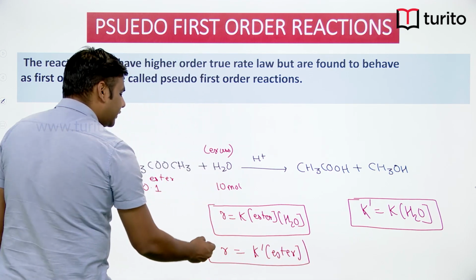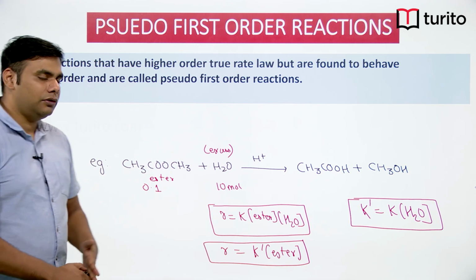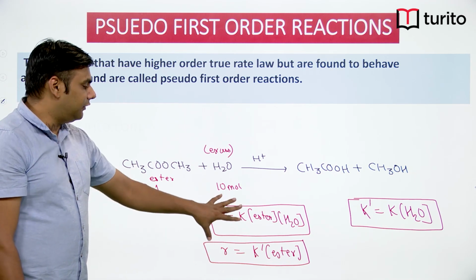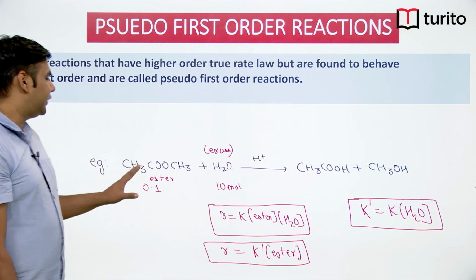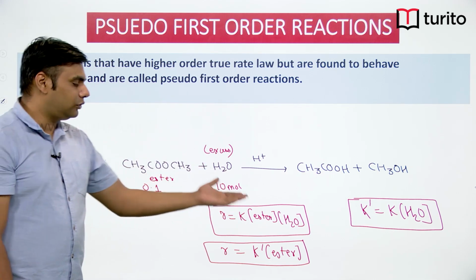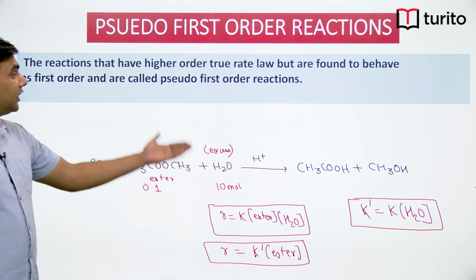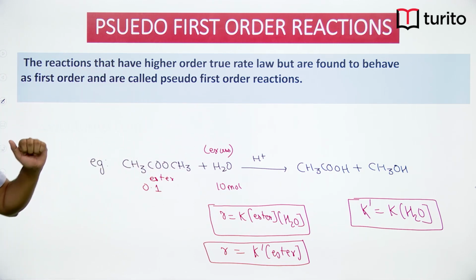Now this is a first order reaction with respect to ester. Initially, looking at the rate law, because two reactants were involved, we would think its order is 2, but we are writing it as 1. Such reactions are called pseudo first order reactions.